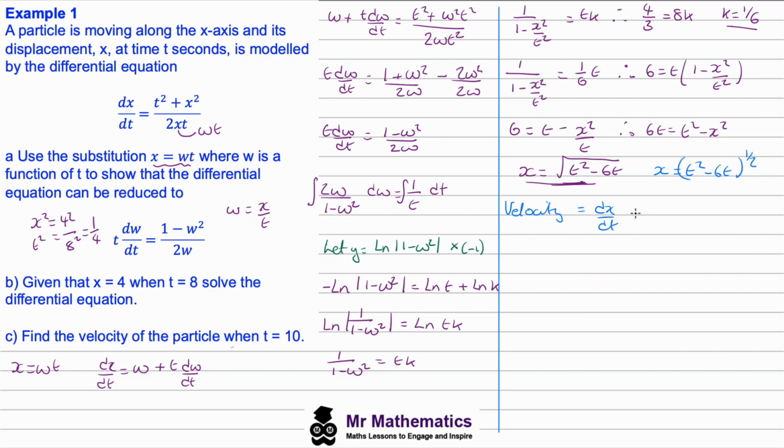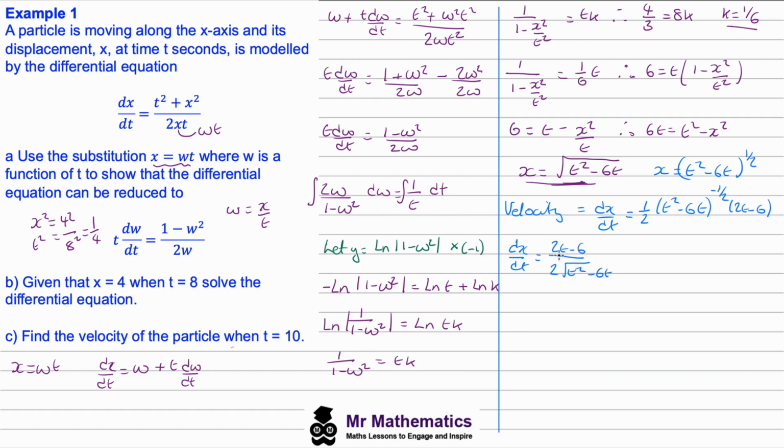And then using the chain rule, dx by dt will multiply this power down, so 1/2 of t squared minus 6t to the negative 1/2, and then we'll multiply it by the derivative of this inner function, so 2t minus 6. I can tidy this up, so dx by dt will be 2t minus 6 over 2 lots of the square root of t squared minus 6t.